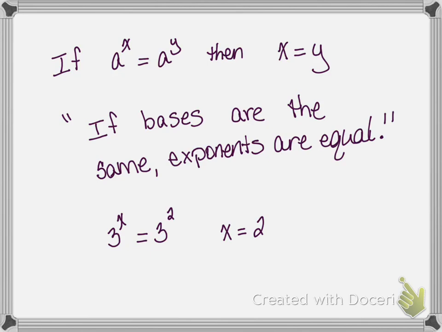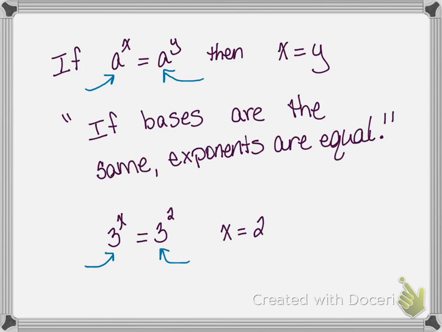This only applies if your bases are the same. This is my base. Okay, if my bases are not the same, then the exponents are not equal. So here, I've got 3 to the x and 3 squared. My bases are the same, so that means my exponents are equal.